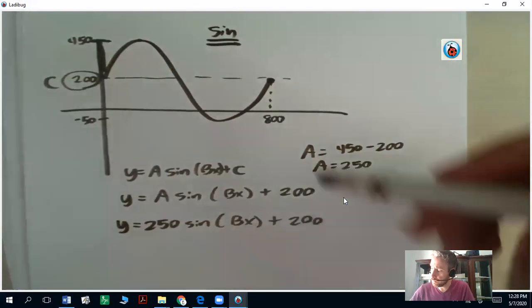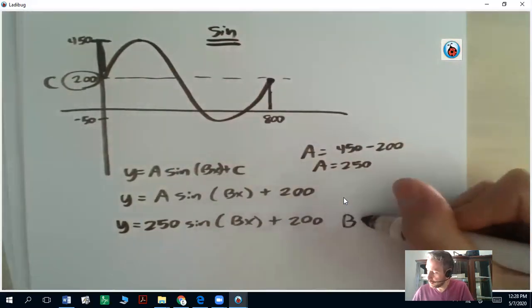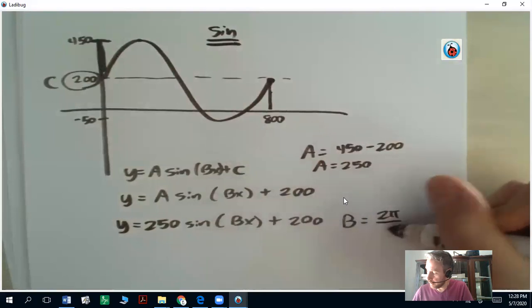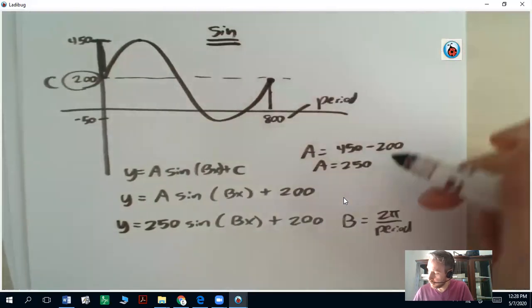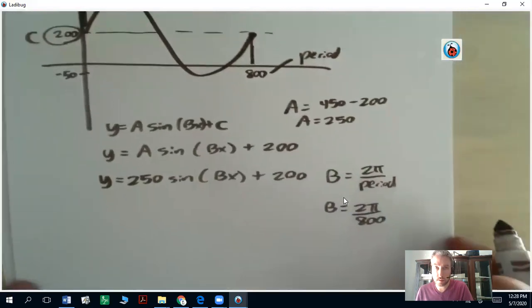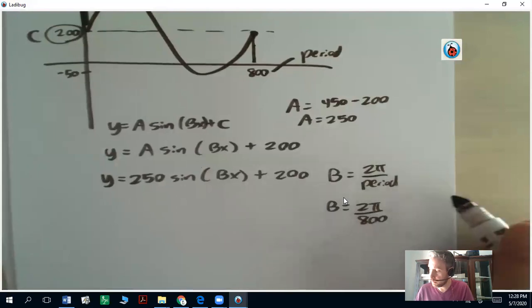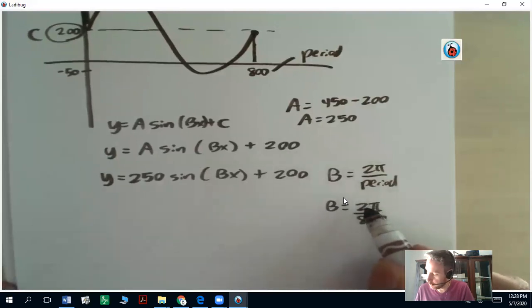So that b value, remember the period is 800. So b is 2 pi divided by the period. And since the period is 800, it's 2 pi divided by 800. Now, 2 pi divided by 800 is a small number. 2 times pi is only 6 point something. But we want to leave the pi in, and we just want to reduce the 2 out of 800.